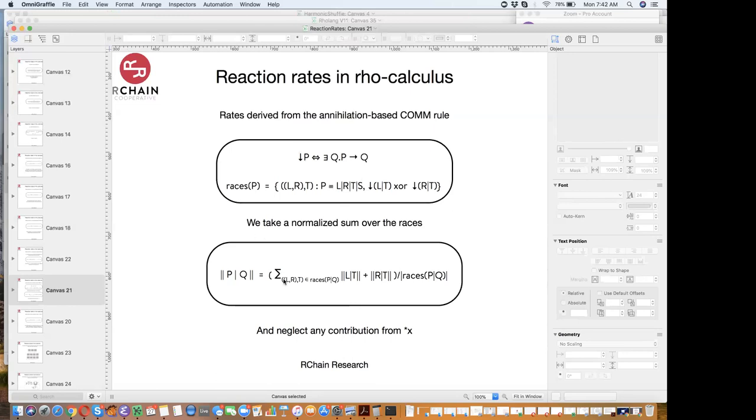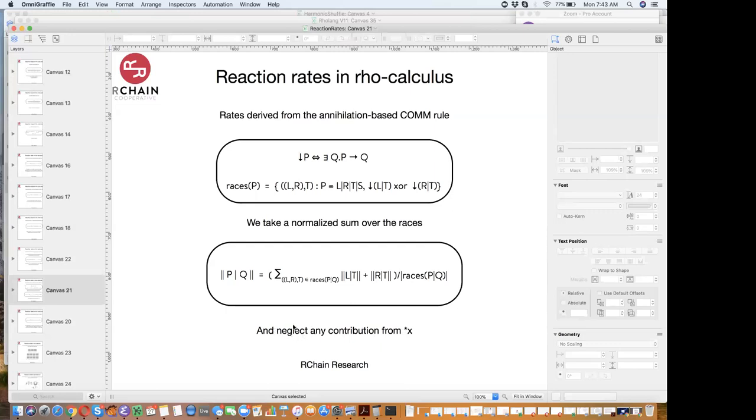Then, to calculate the rate, we take the normalized sum over the races, right? So that gives you a notion of rate right here for arbitrary pars. And essentially, it's okay to neglect any contribution from dereferencing because that will be handled by the substitution part. We could define a more sophisticated substitution-based calculation where we calculate how much effort or work goes into the substitution, but that's not important here.